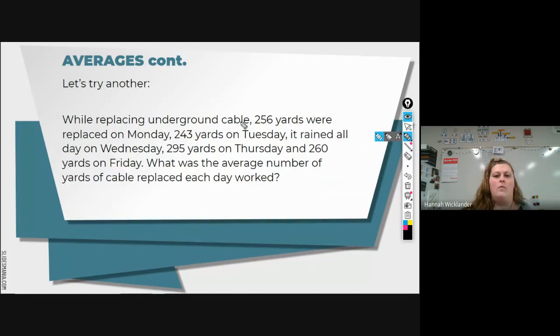I like to go through and highlight all the numbers so that I don't forget them or miss any. So I'm going to add them together. Can you guys add these together for me and tell me what you get in the chat?